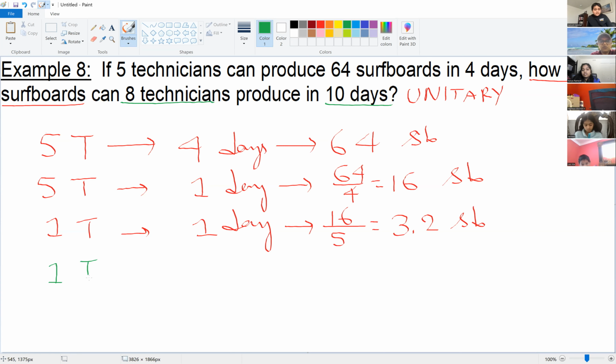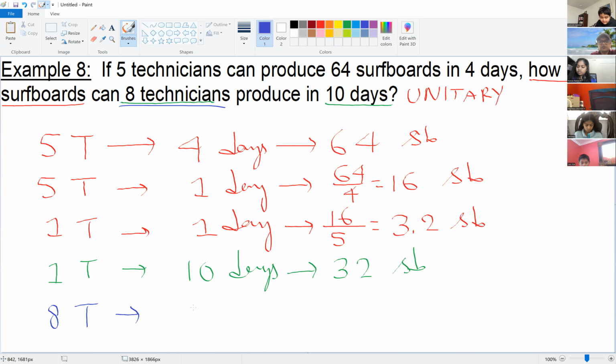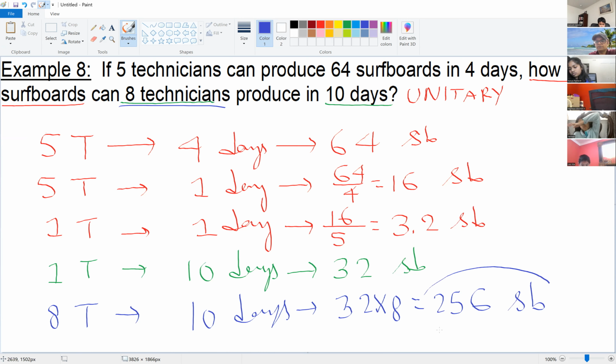So let's do 1 technician, 10 days. That means it will be multiplied by 10, which would be 32 surfboards. And then finally, 8 technicians, 10 days. That would be 32 times 8, which is 256. 256 surfboards. You could also do 3.2 times 8 and then times 10. Yeah, the order does not matter.